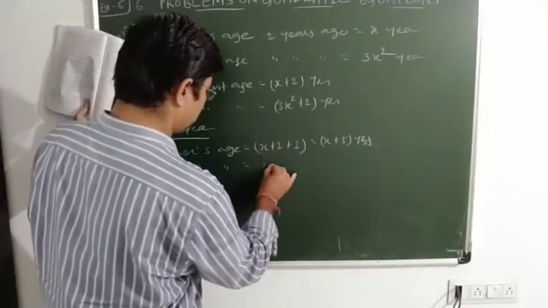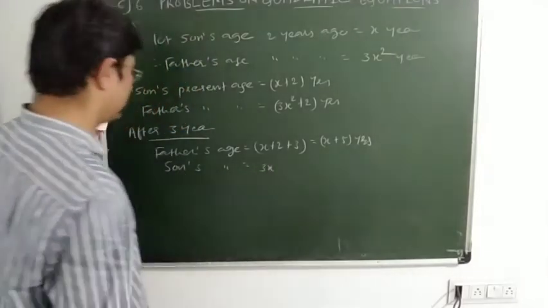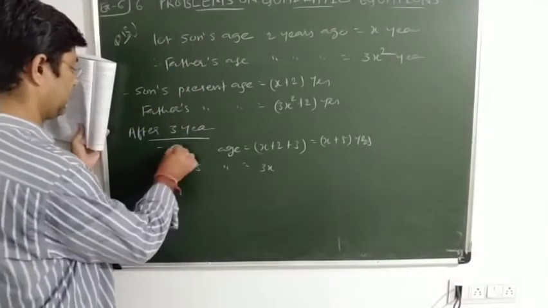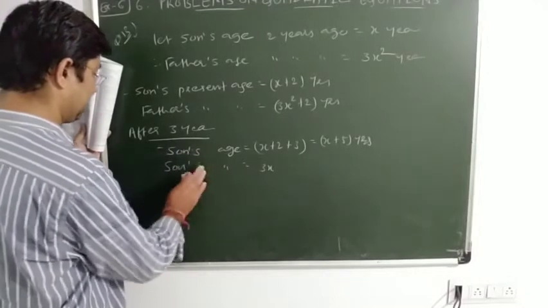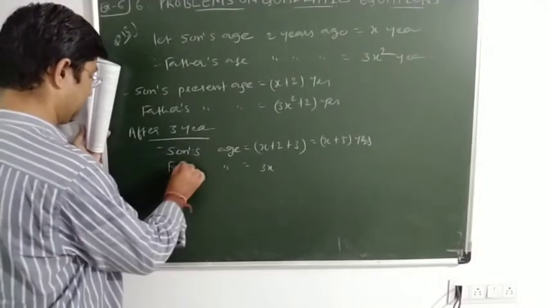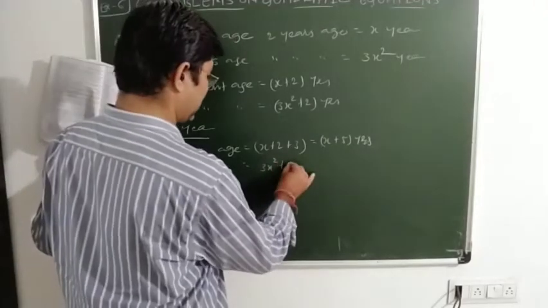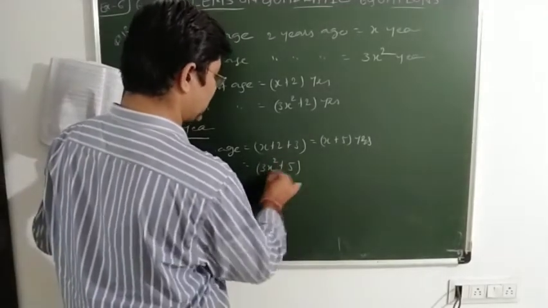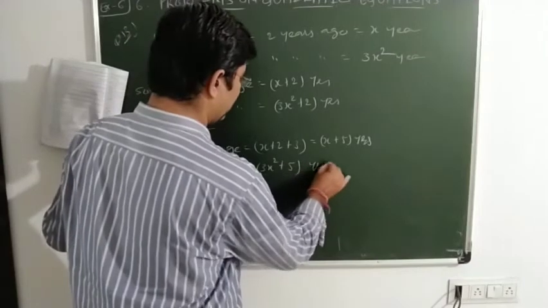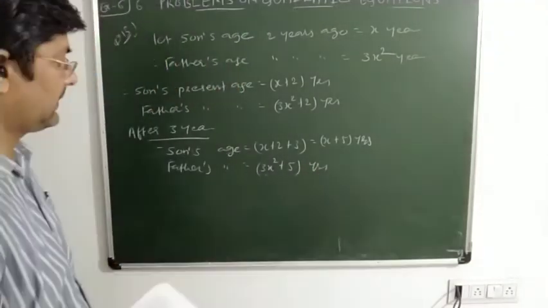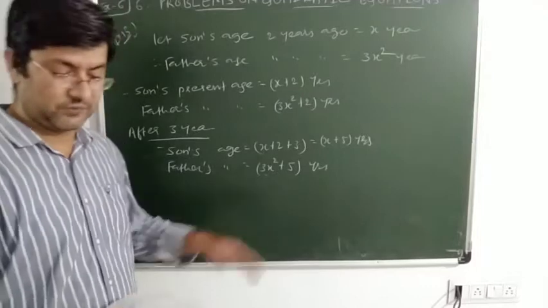Sorry, this is the son's age, and the father's age will be 3x square plus 2 plus 3, so 3x square plus 5 years, clear? So we got their ages after 3 years.